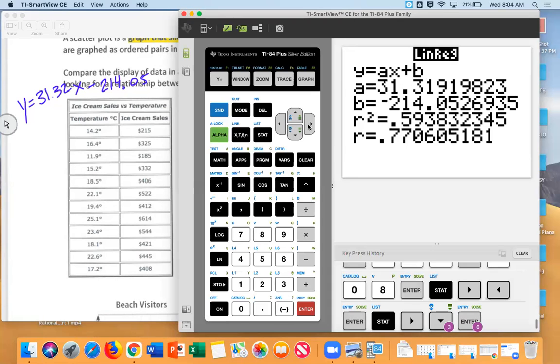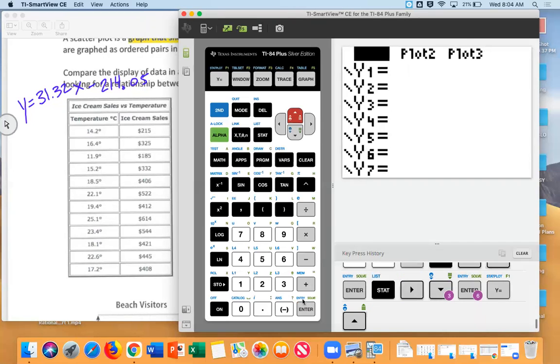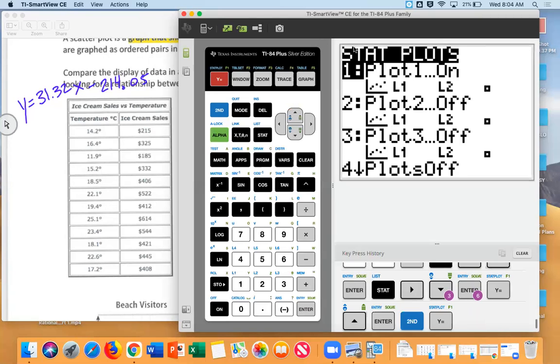Now let's see what this looks like. All right. So everybody go to the y equals. We're going to try this. We're going to go up to plot. We're going to hit enter. Okay. And we're going to then hit second y equals, and we have to turn on our stat plot.